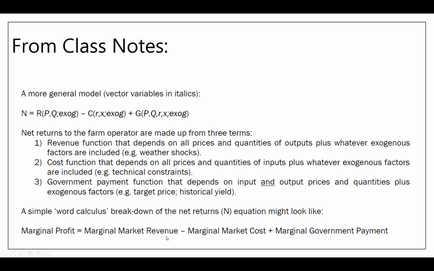So you have the marginal market revenue. That's why I'm putting market in both of these terms. If the marginal government payment is in addition to the profit of the producer, and it can be changed by the quantity of output or the quantity of input, either one, then it must be the case that having this additional revenue from the government drives up the marginal benefit side and forces you to a higher level of marginal cost to balance those two out.